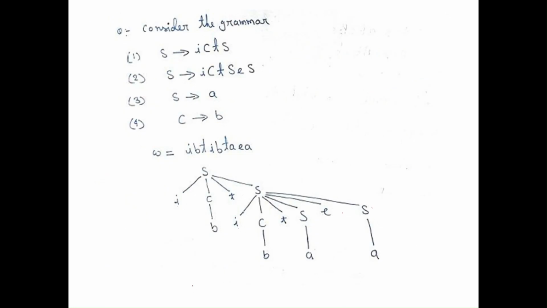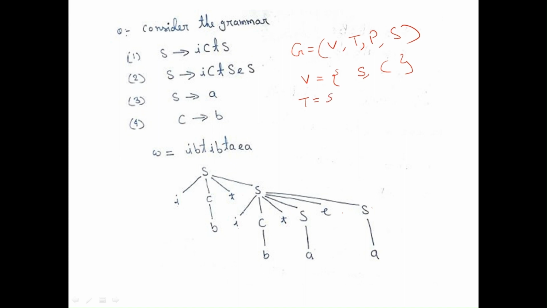Okay. Now consider this grammar. G is equal to V, T, P, S. Here the non-terminal set consists of S, C. Okay.